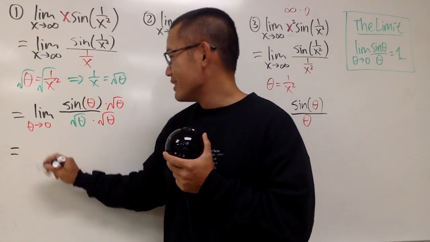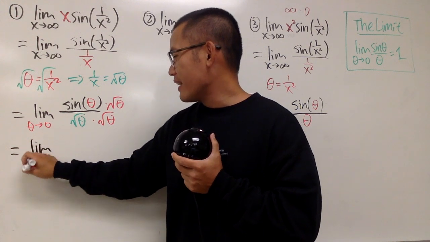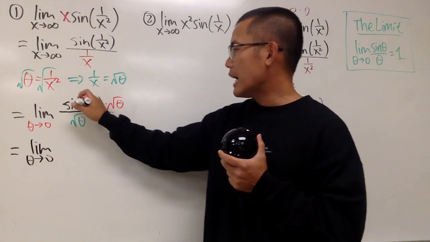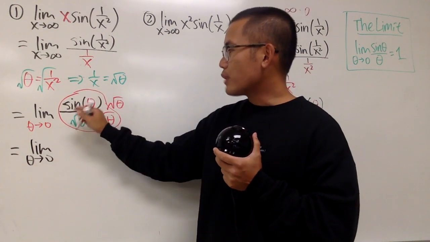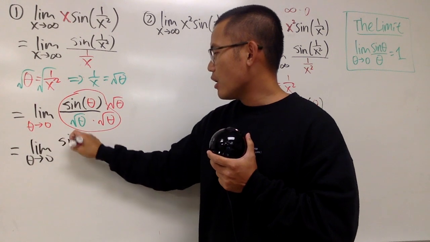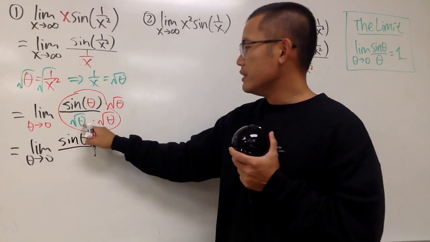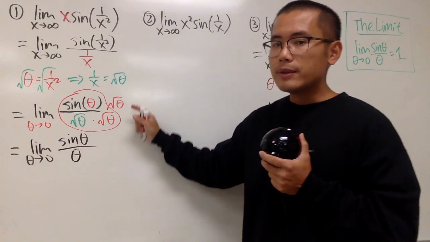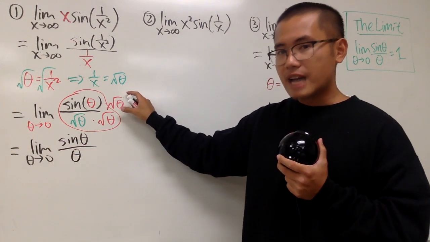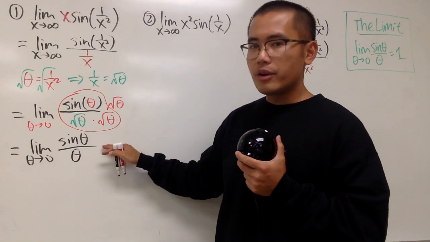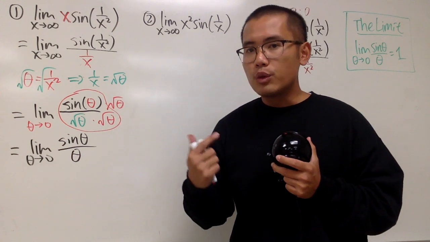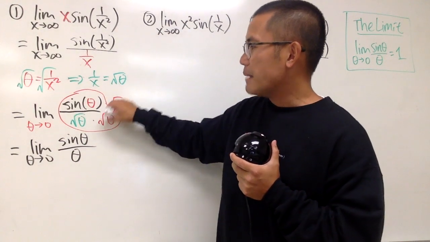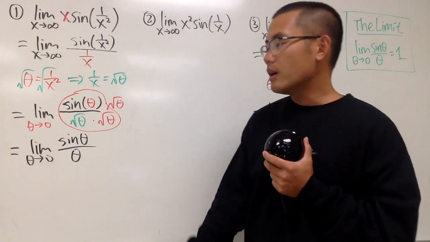Now, have a look here. This is the limit as theta going to 0. And you see, if you pair this up, sine of theta over this times that is just theta. That's good. But we still have the square root of theta on the top. Well, here's the idea. We can use the limit law, meaning that we can take the limit of this times the limit of that, right?